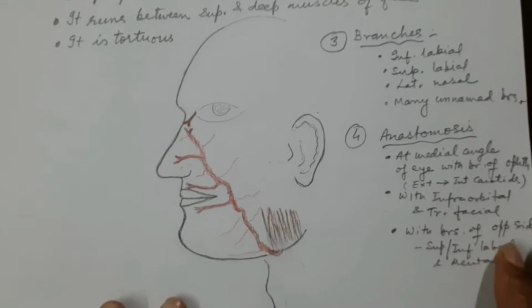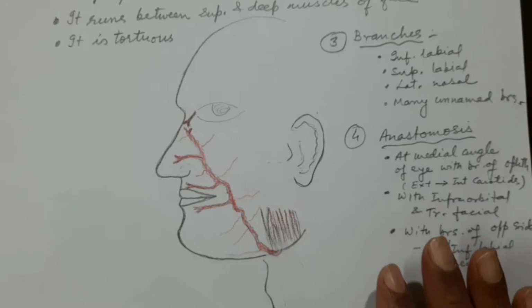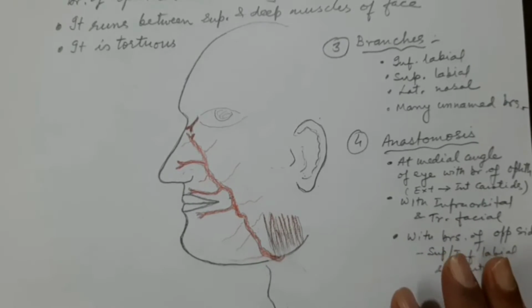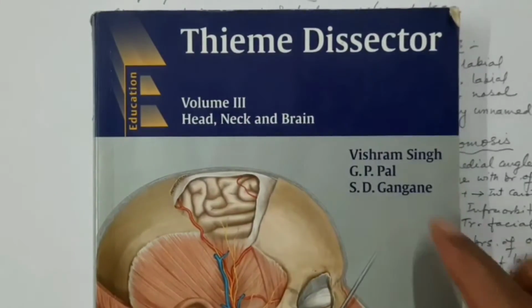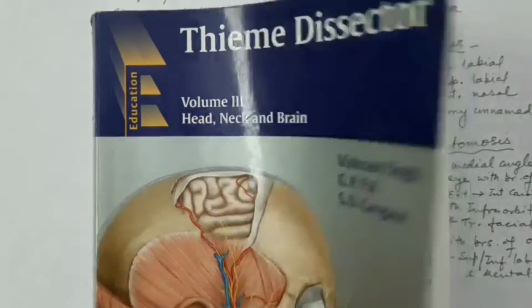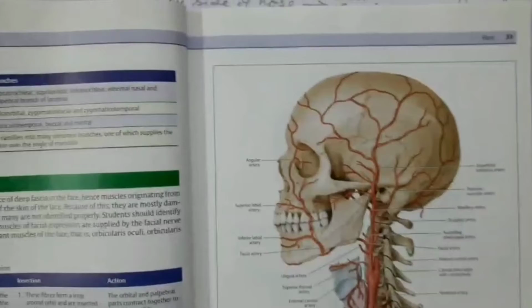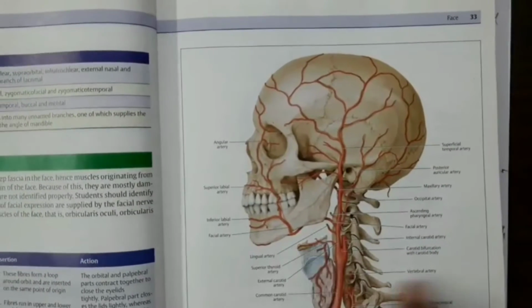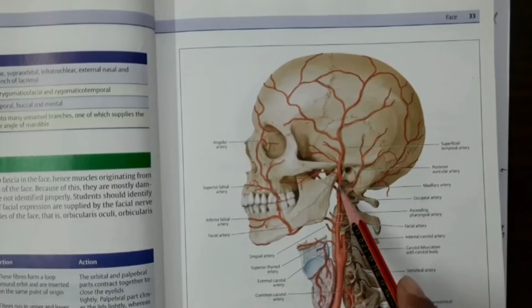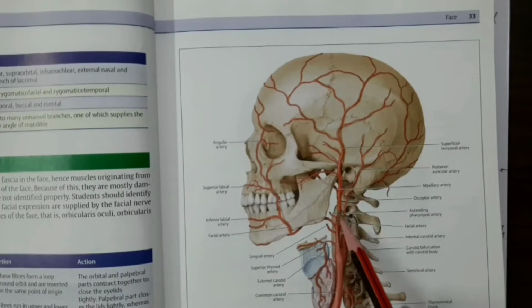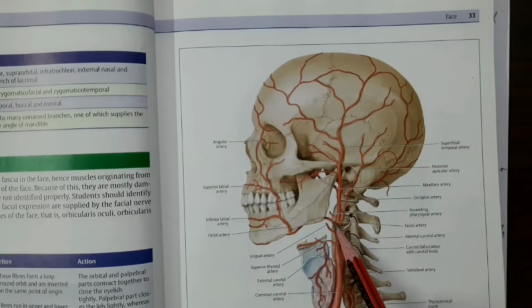Let me show you this with the diagram from this dissector. This is the dissector written by me for volume number 3, head and neck. Here let us see the artery. This is the external carotid artery, and in the carotid triangle, the branch taking origin from the external carotid artery is the facial artery.